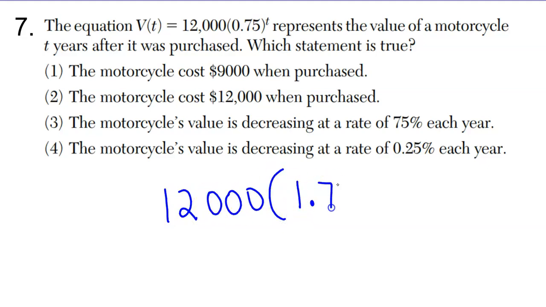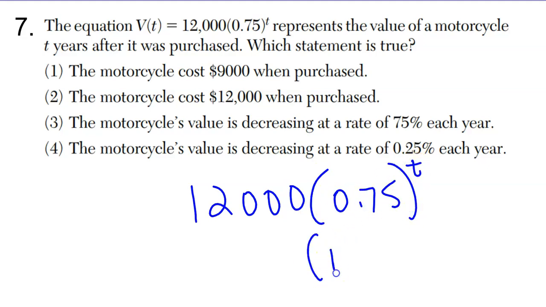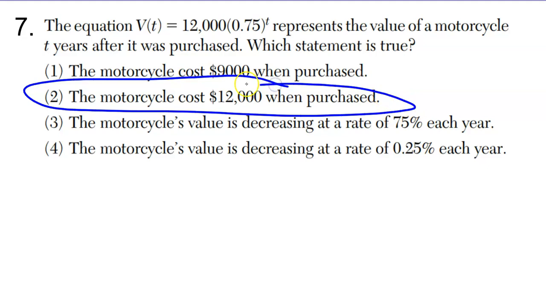If the decay is 0.75, and the original formula was something like this, and if you decay at 0.25% each year, then to put this number in, you would have to move that decimal 2 more times. And 1 minus 0.0025 is not that number. The answer is 2, but now you know why these are wrong.